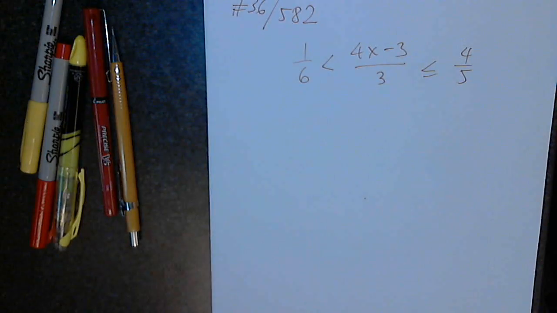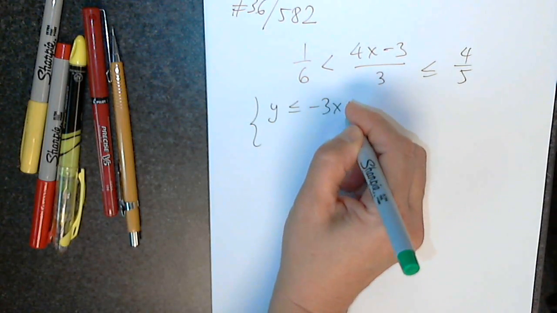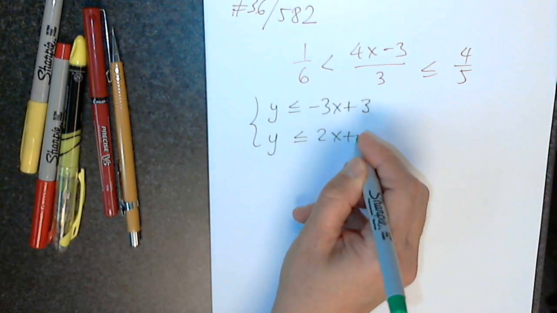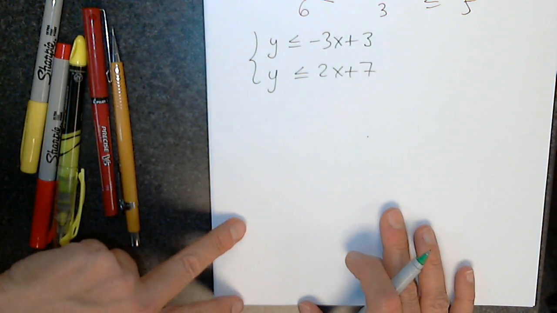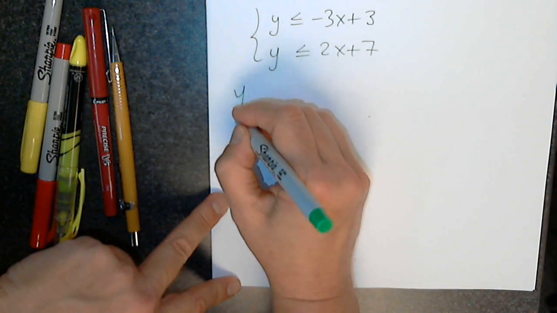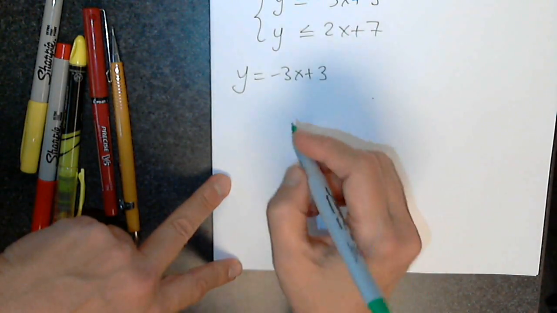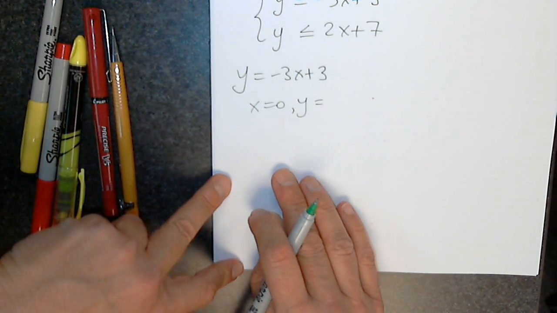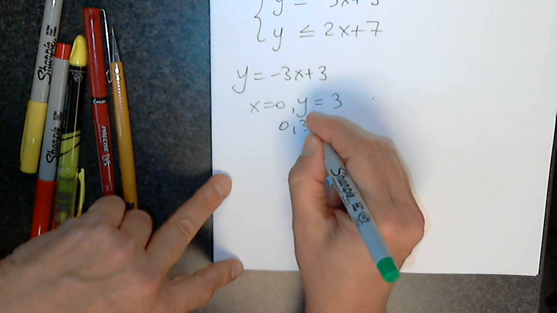Okay, 36 on page 582. So we have y less than or equal to negative 3x plus 3, and y less than or equal to 2x plus 7. First, the equation y equals negative 3x plus 3. When x is 0, y is? Very good. So then 0, 3.